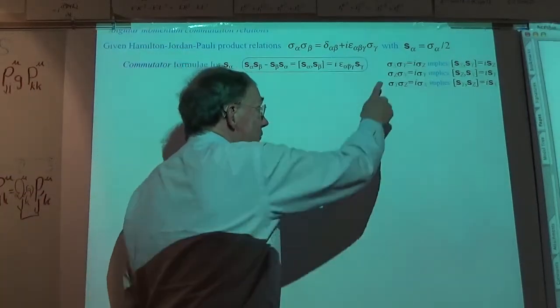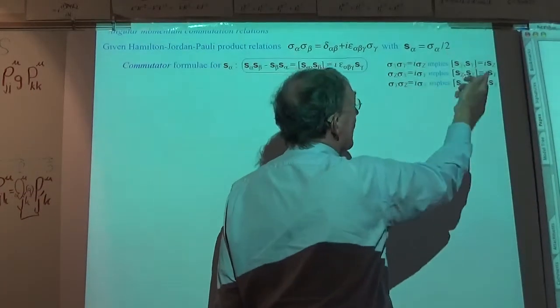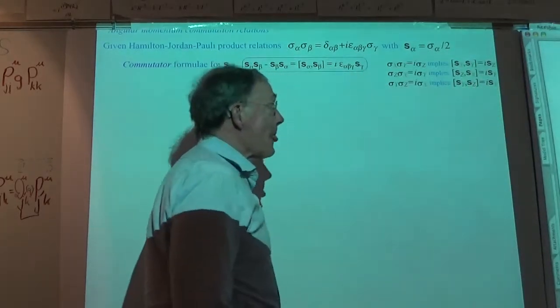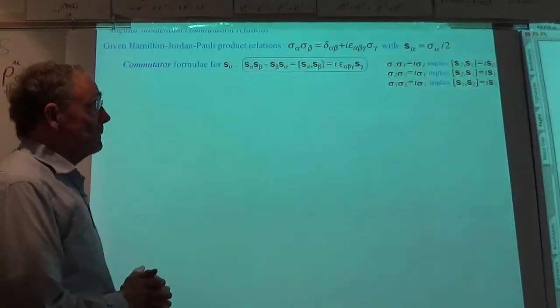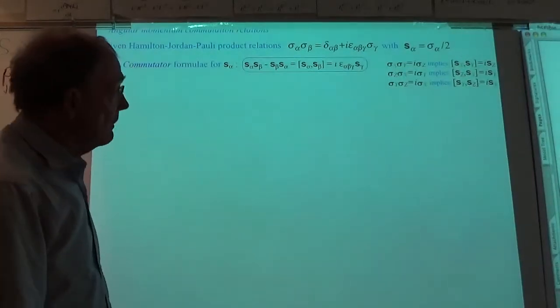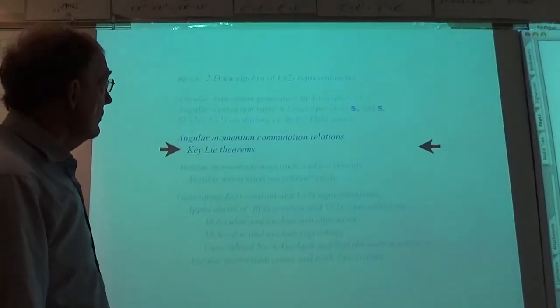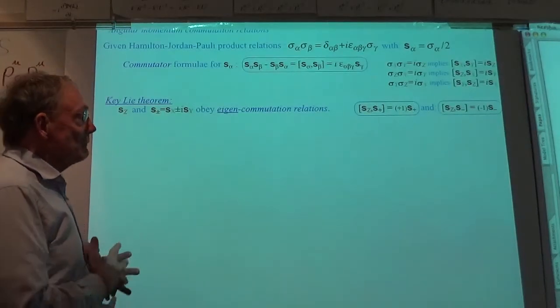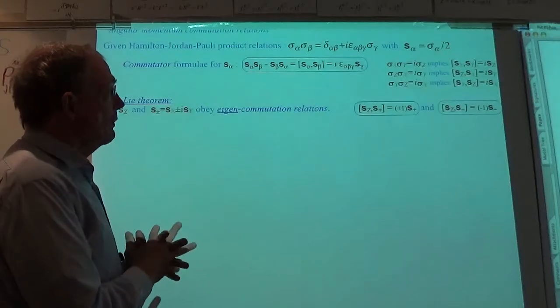That is, here's our product relation. It implies this commutator for the spin operators. That's the thing they start with in the usual angular momentum description. But there's a key Lie theorem that's always present in every one of these raising and lowering operators.